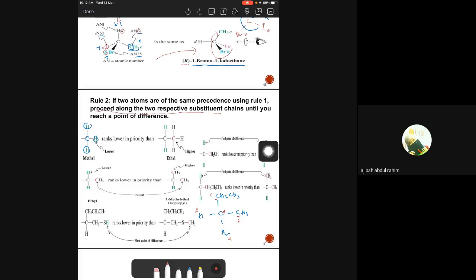You see where the difference occurs. You have H, H, and another one is C, H, CH3. This one is bonded to the chiral center, and this one is also bonded to the chiral center.